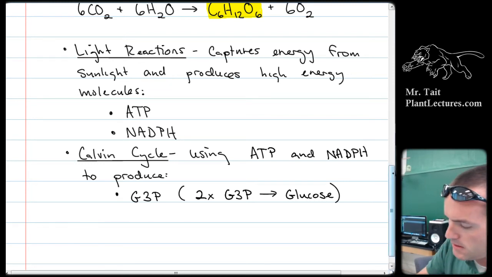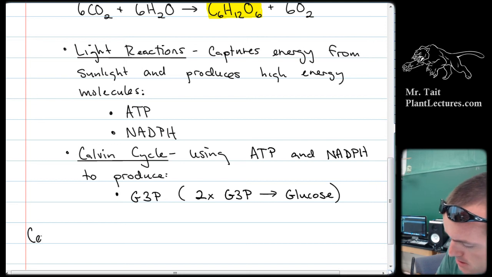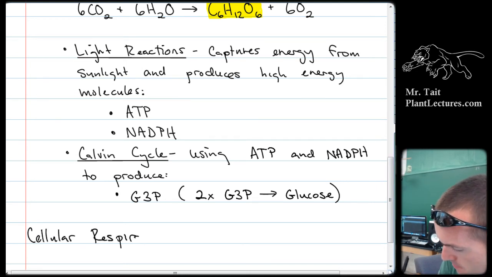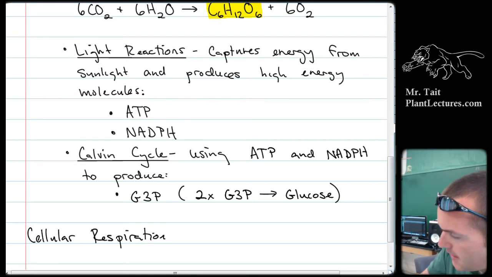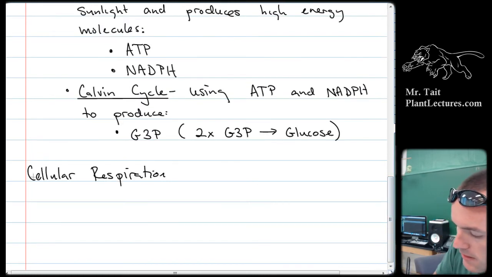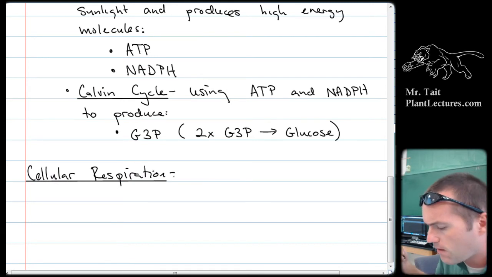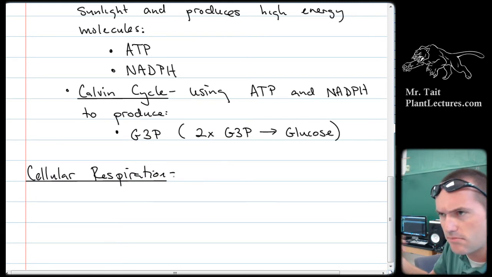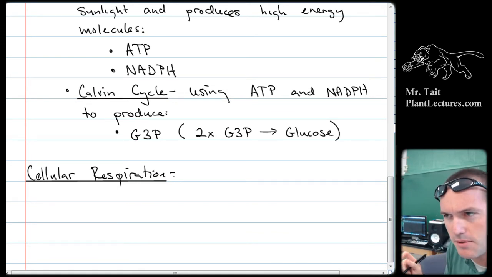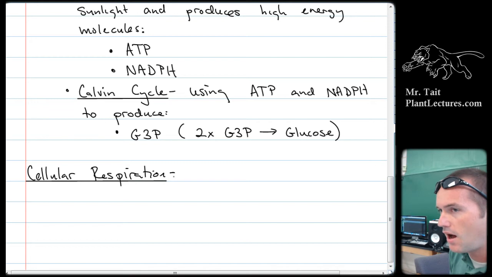Okay. Next, let's talk about cellular respiration. In cellular respiration, the idea is that we want to take organic compounds, specifically glucose, which is the one that fits best into the equation. It's going to go through all the different steps, but it can also happen with other organic compounds, and we want to pull the energy out of there in order to make ATP.